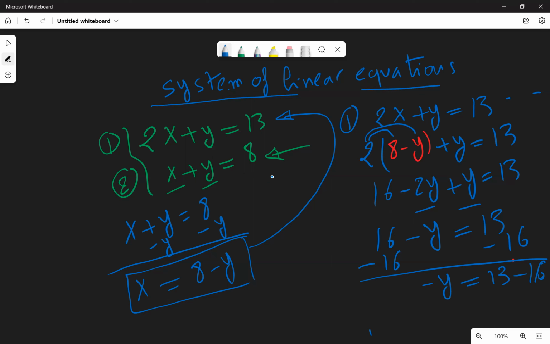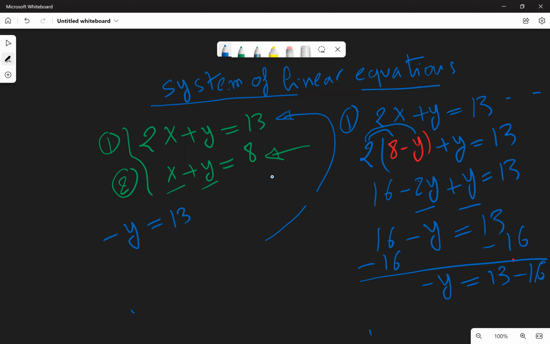All right, so let me simplify. Minus y equals 13 minus 16, which is minus 3.